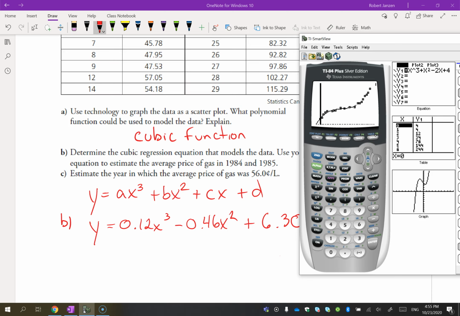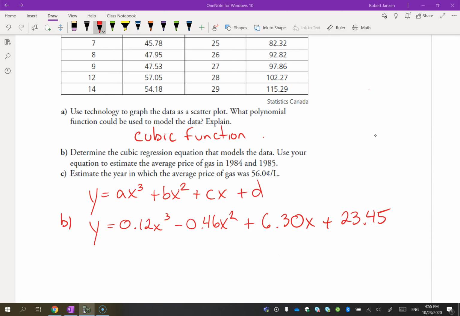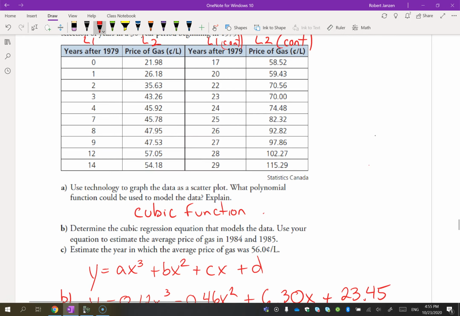Pretty nice equation. Okay, and we're supposed to figure out what the gas price would be in 84.85. To do that, we need to figure out where 84.85 is. So this is 1979.